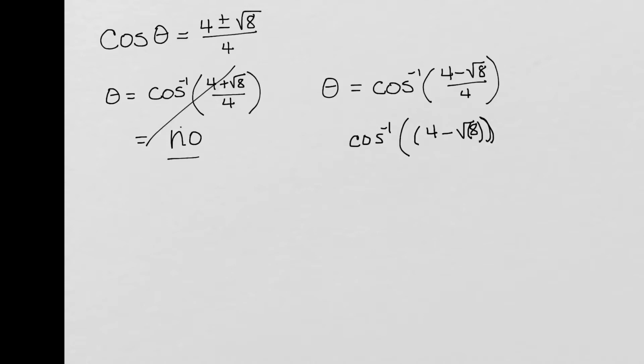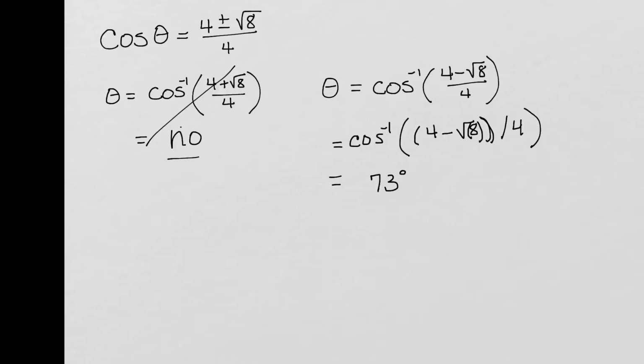And let's see, how am I doing on parentheses now? And now I'm going to divide by 4, and then I'm going to close. And this gives me 72.9 degrees. Doesn't say how to round, so I'm going to round to 73 degrees. It's awfully close to that. So 73 degrees is my solution for this.